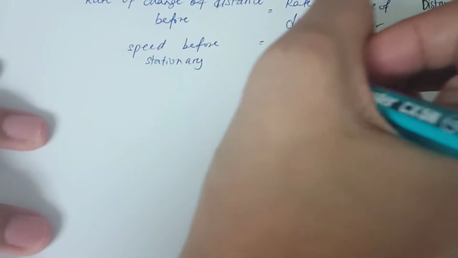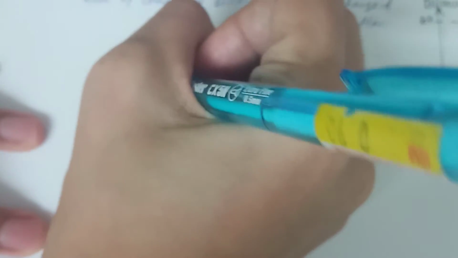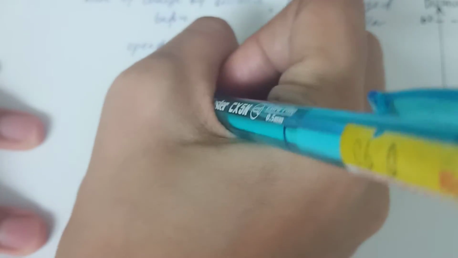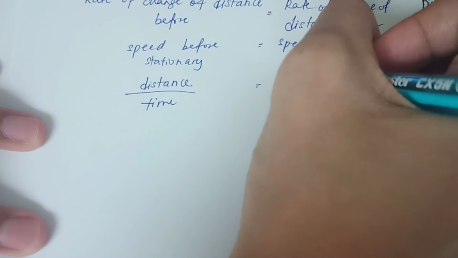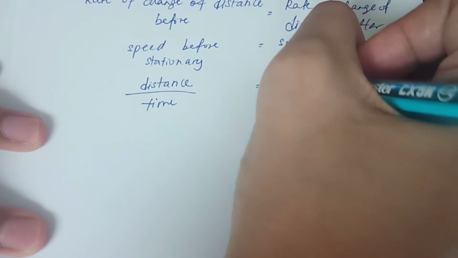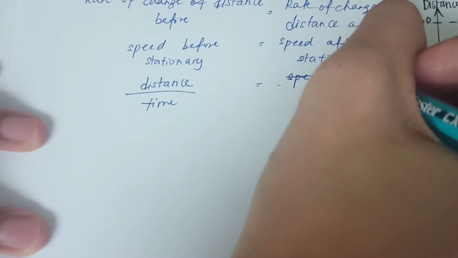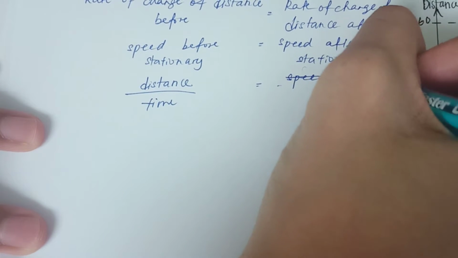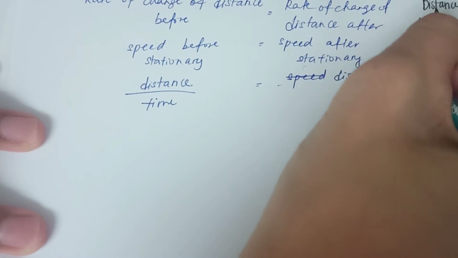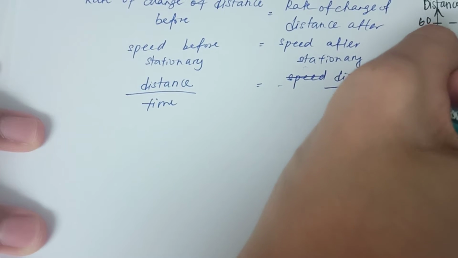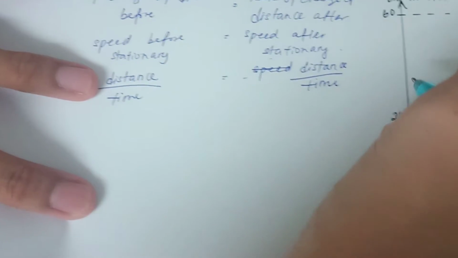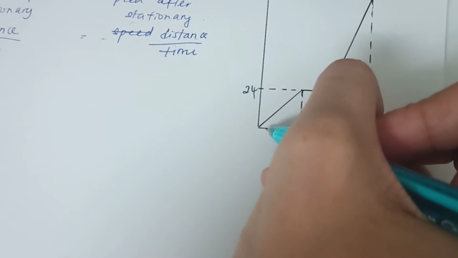And then speed is equal to distance over time. Here also the same, speed equals distance over time. So before the stationary period, let's have a look. What's the distance?